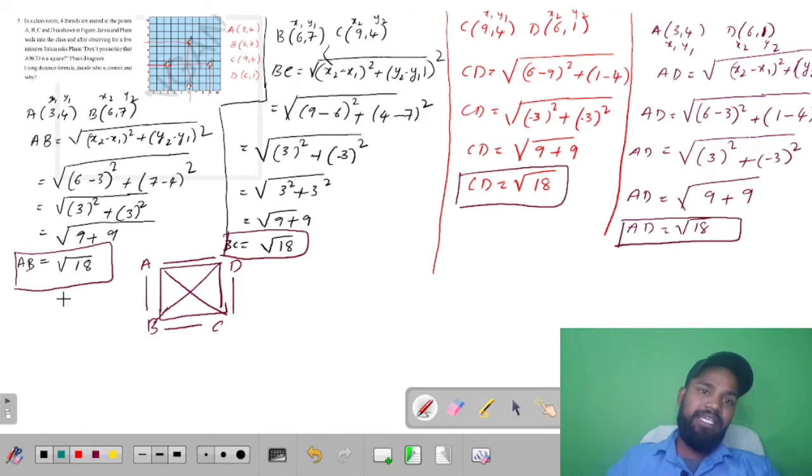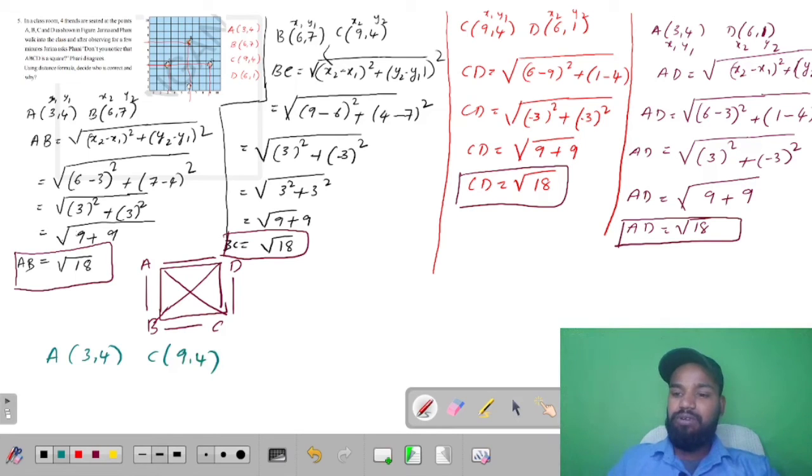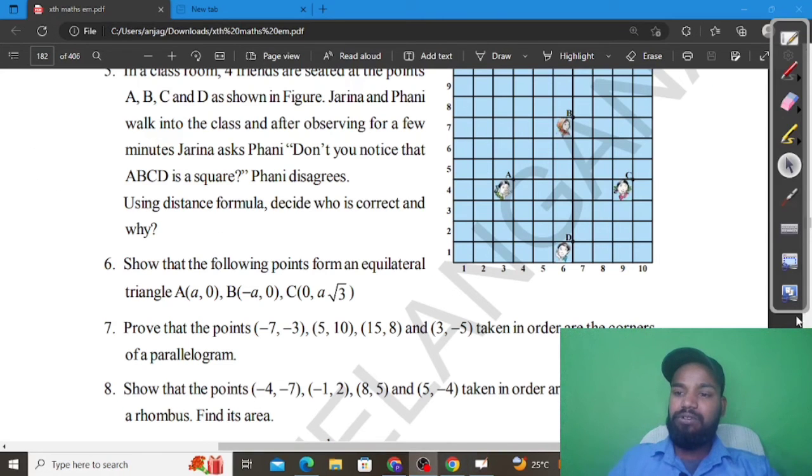First, AC. What is A here? A is 3 comma 4, and C is 9 comma 4.